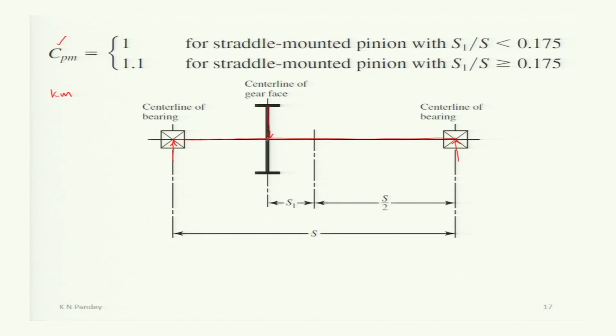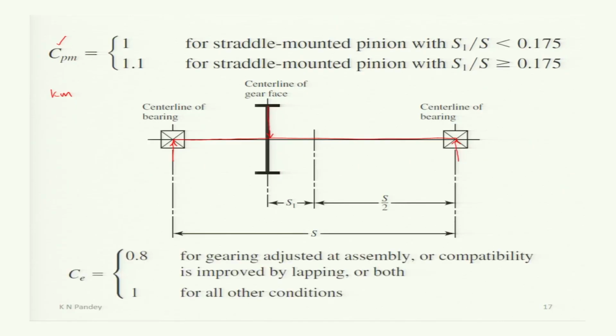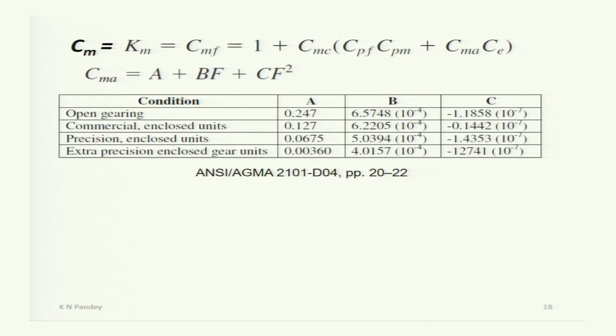So, the radial load is acting at a distance of S1 from the mid plane, and the mid plane is at a distance of S divided by 2 from both the bearings, and the total span of the shaft or the distance between the bearings is S. So, depending on the ratio S1 divided by S, we will choose the value of Cpm, and Ce is again 0.8 or 1 depending on these values. The Cma is obtained from this formula, and constants A, B and C are obtained from this table.